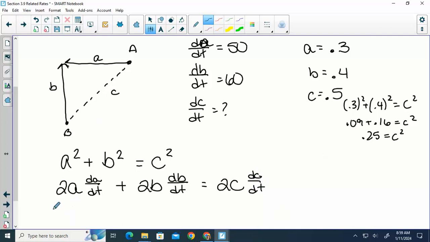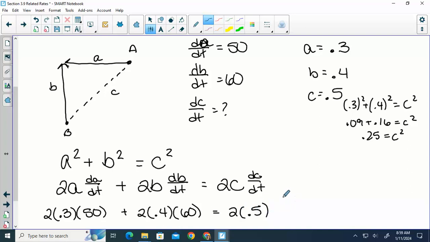And now we plug in everything. A is 0.3, dA/dt is 50. B is 0.4, dB/dt is 60.